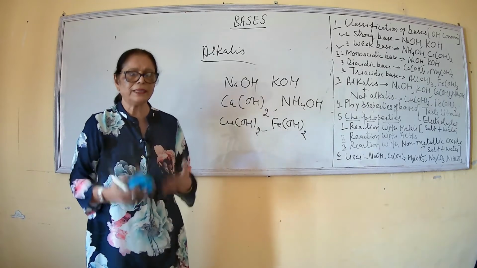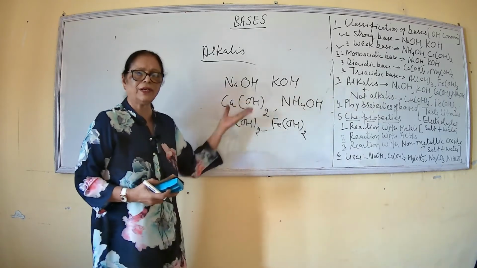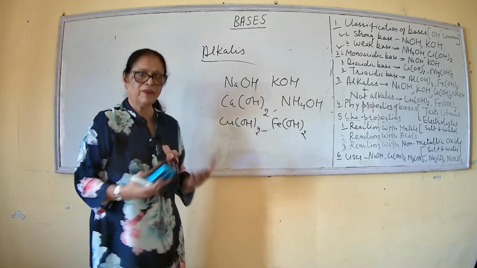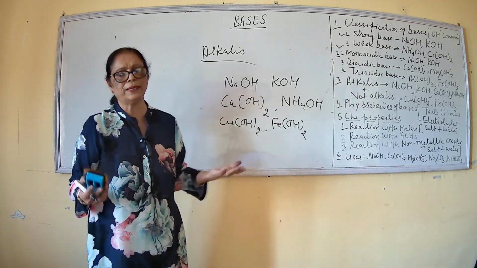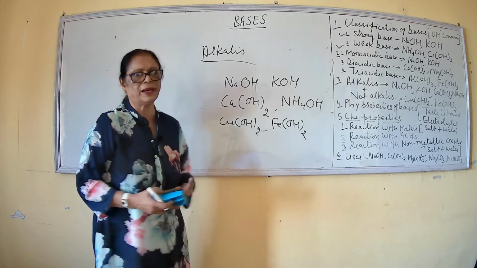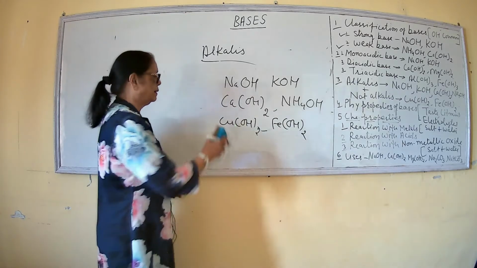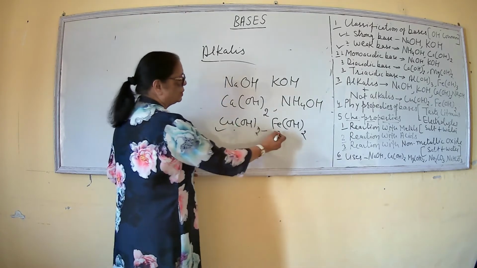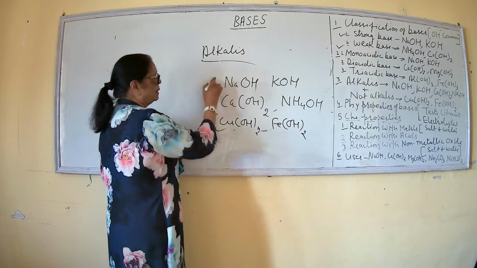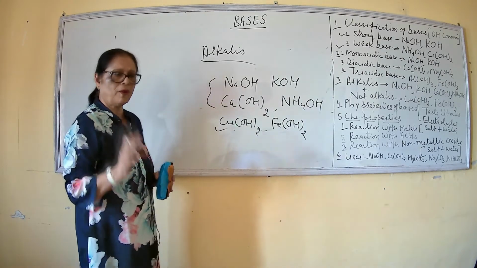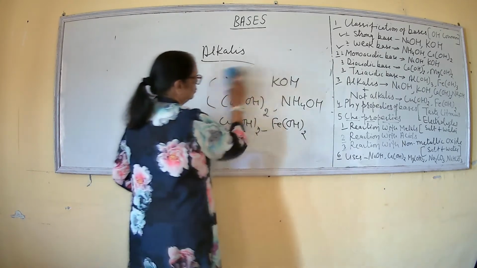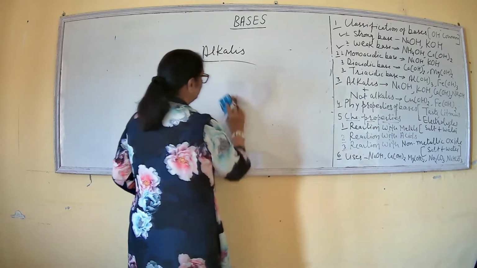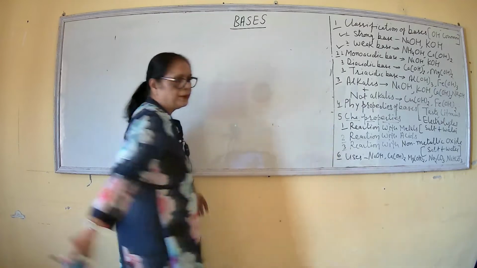Only those special bases which dissolve in water and form a basic solution are alkalis, but some bases do not form a basic solution in aqueous solution, so they do not form any alkalis. Examples are Cu(OH)2, copper hydroxide, and iron hydroxide. So this is all about alkali, and we are going to use this word again and again in this chapter.